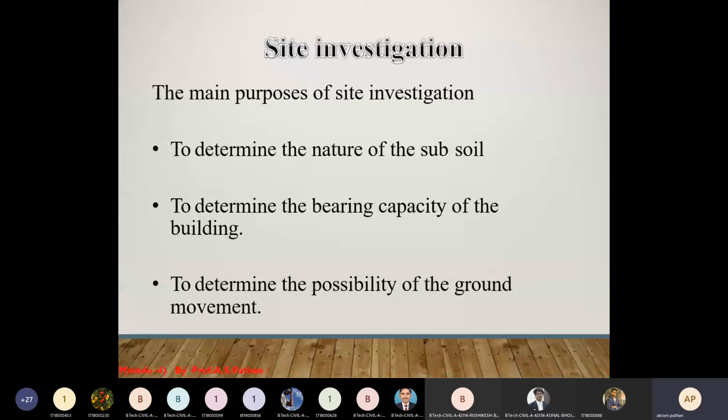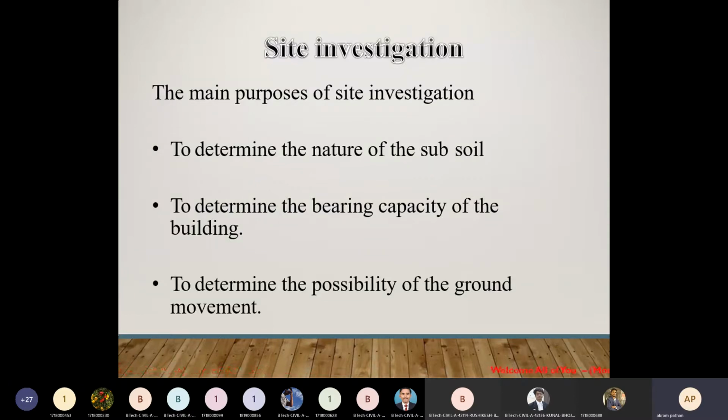Site investigation means careful search regarding the site location, then the type of soil available, and then we need to analyze the load bearing capacity of that particular site. So the main purpose of the site investigation is to determine the nature of the subsoil.